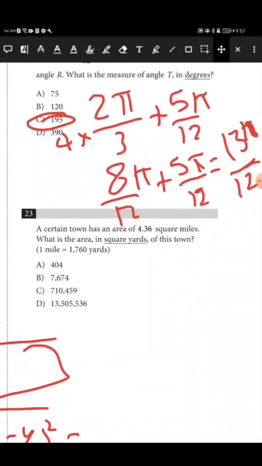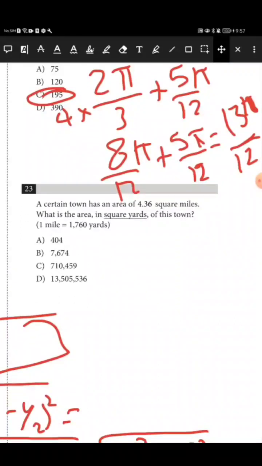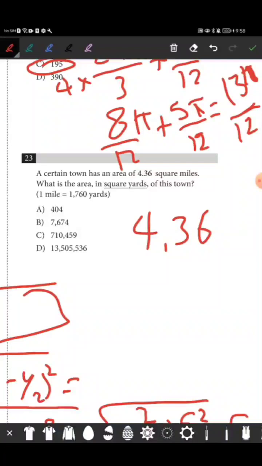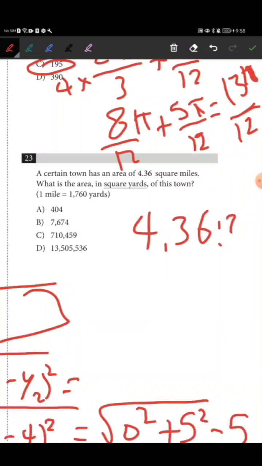Moving on to question number 23. A certain town has an area of 4.36 square miles. What is the area in square yards of this town? So this is a very easy question. We can use the cross multiplication method here. So 4.36 miles would equal what?